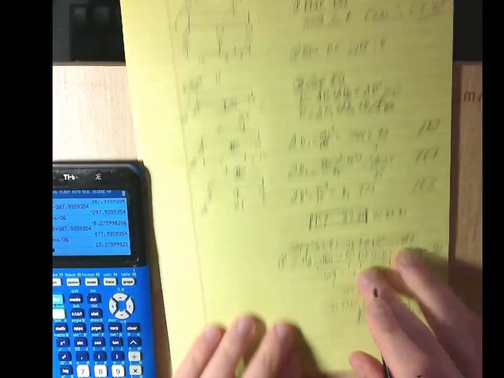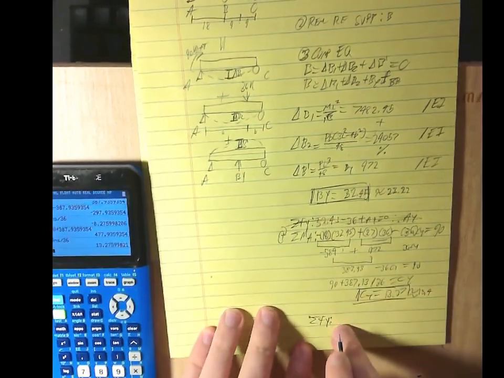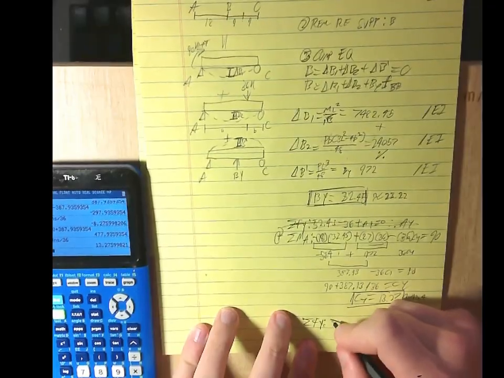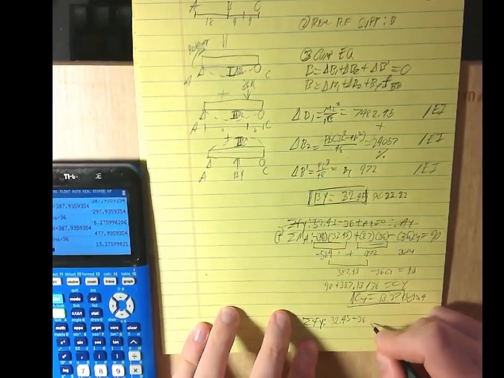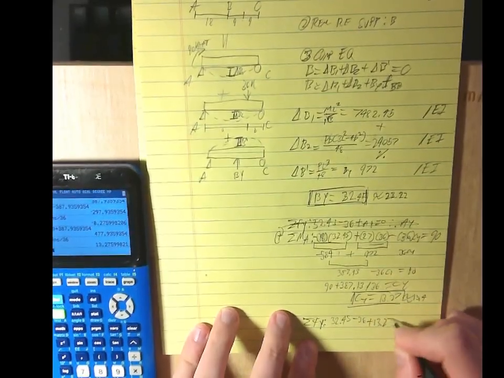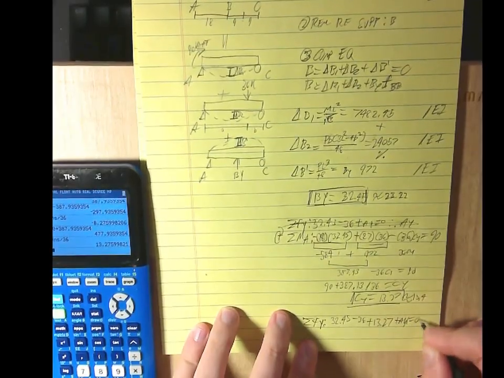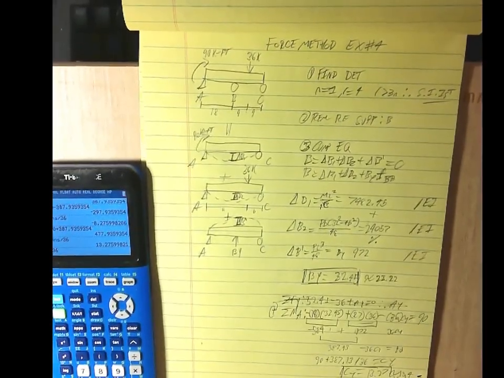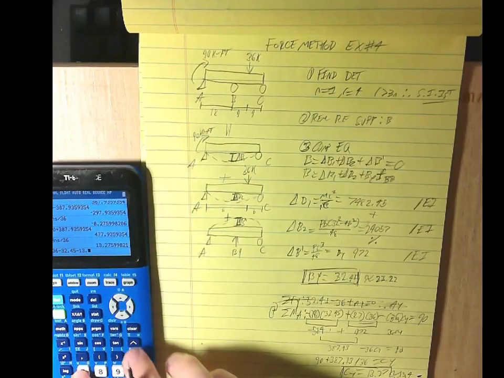Now, let's come back. Sum of the forces in Y. What are the forces in Y? Here we're going to have 32.45 minus 36 plus 13.27 plus A_Y equals 0. So what's A_Y going to be equal to? 36 minus 32.45 minus 13.27.